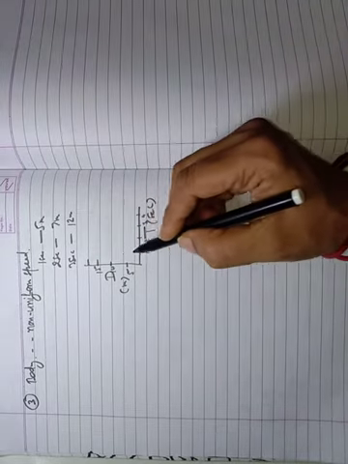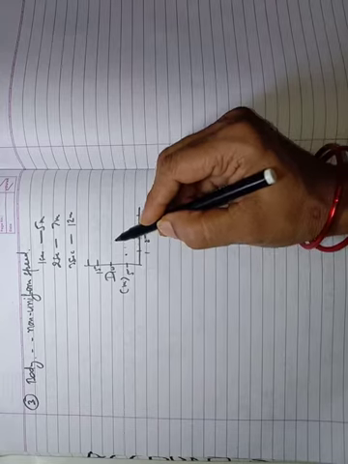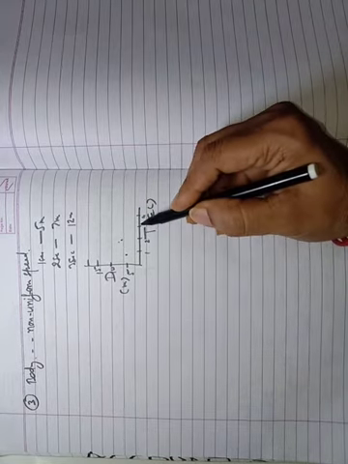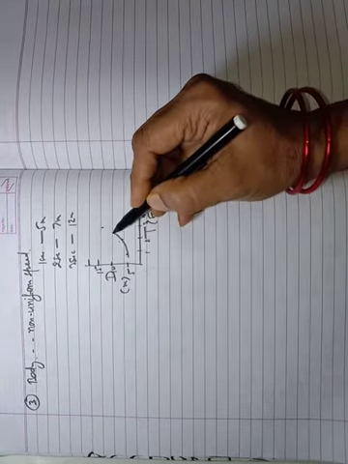For 1 second it is 5 meter, for 2 seconds it is 7 meter, and at 3 seconds it is at 12. So the graph is like this.